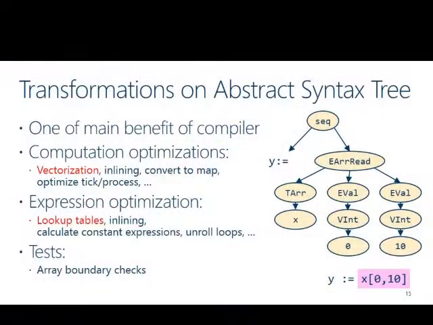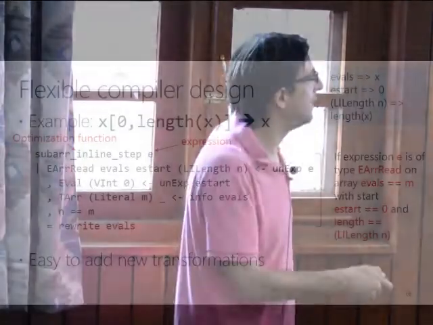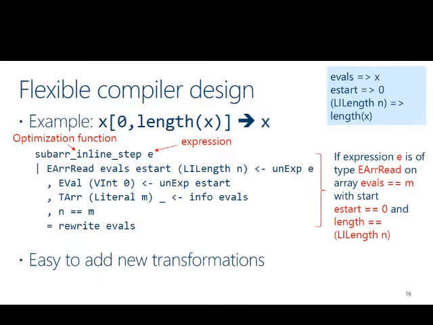But if E, the input expression, is of this type, so this E matches the E array read evals E start length I. So if you think of this before, right? This was this, right? If it matches this form, then you go on. But moreover, you map the values of what was in there to these variables, right? And you keep on matching.